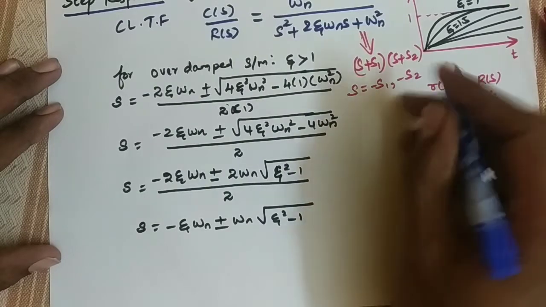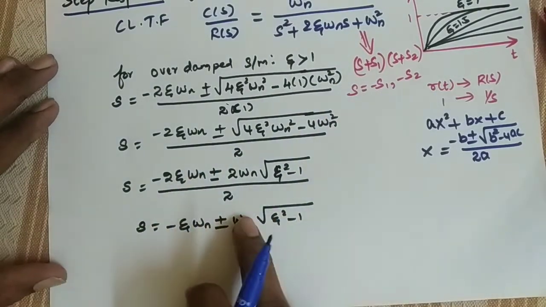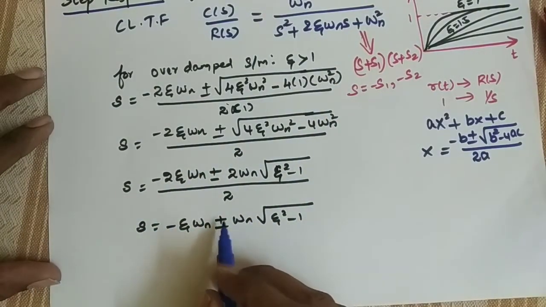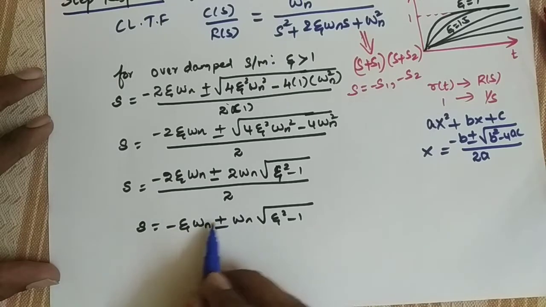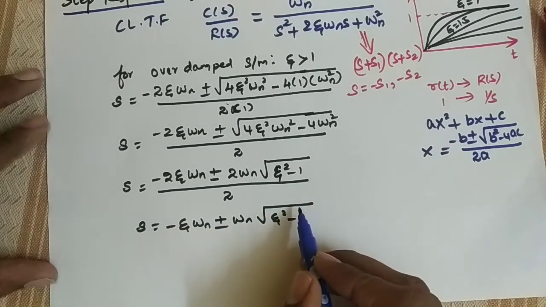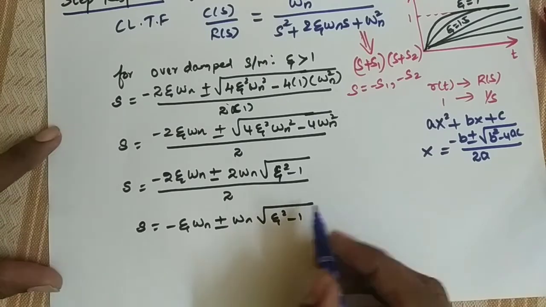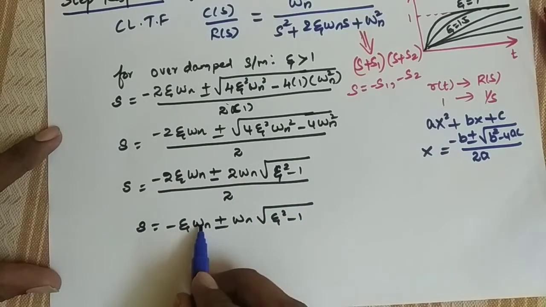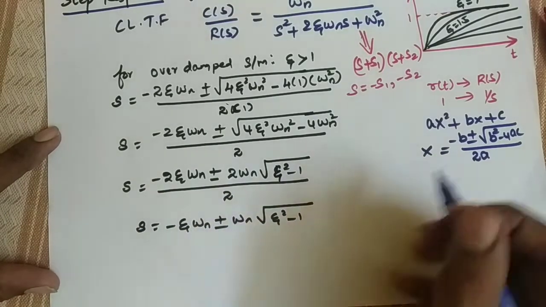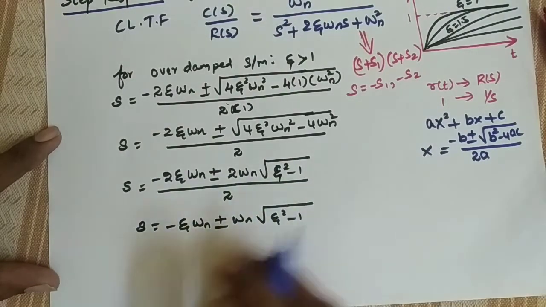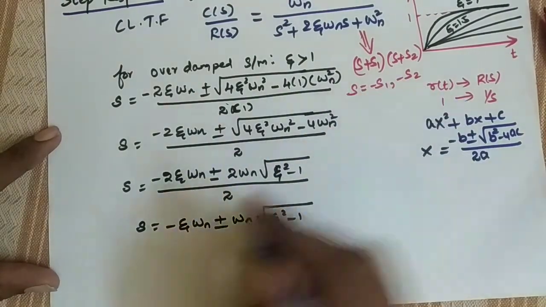This equation has two values, plus or minus. One solution is minus eta omega n plus omega n root of eta square minus 1, and the other solution is minus eta omega n minus omega n root of eta square minus 1. So s equals minus s1, minus s2.